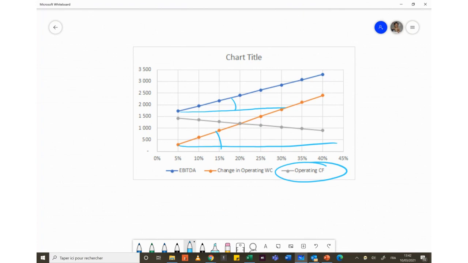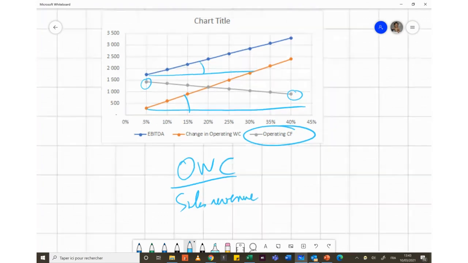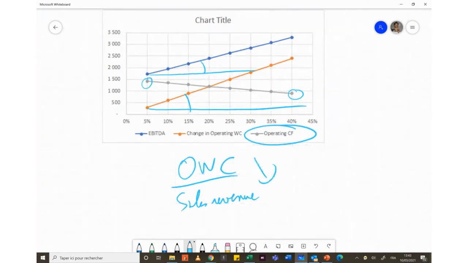So I started with some operating cash flow around 1,500, and I finish with less than 1,000 at the end. So it's very important the way you manage your operating working capital. So it's why we use the operating working capital in function of the sales revenue. The situation here normally is to decrease the ratio. If you decrease the ratio, you modify the slope, this one, you try to reduce the evolution of the operating working capital in order to reverse the direction and now to increase the operating cash flow.